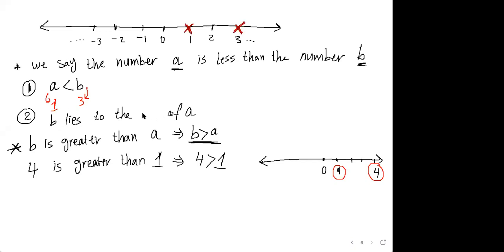B lies to the right of A, or I can say A lies to the left of B. The inequality here means greater. B is greater than A, that means B greater than A. The inequality means here greater.